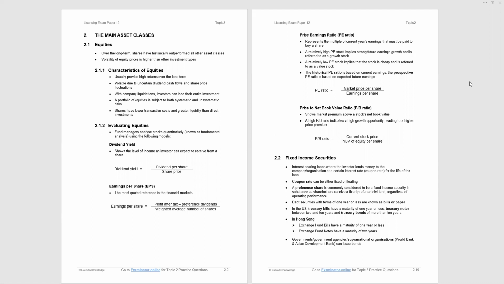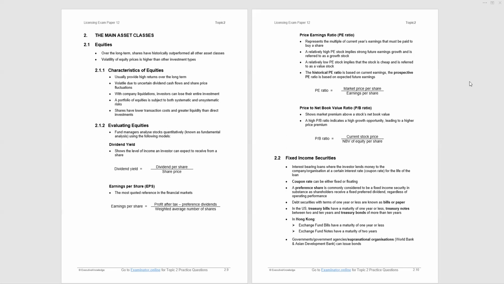Now, a preference share, which gives a fixed preference dividend, is commonly considered to be a fixed income security in substance, and you will receive the dividend regardless of operating performance. Debt securities with terms of 1 year or less, we refer to those as bills or paper, and they're traded in the money market.